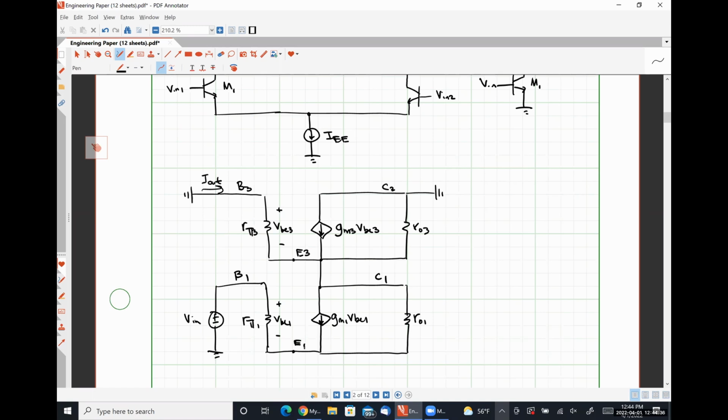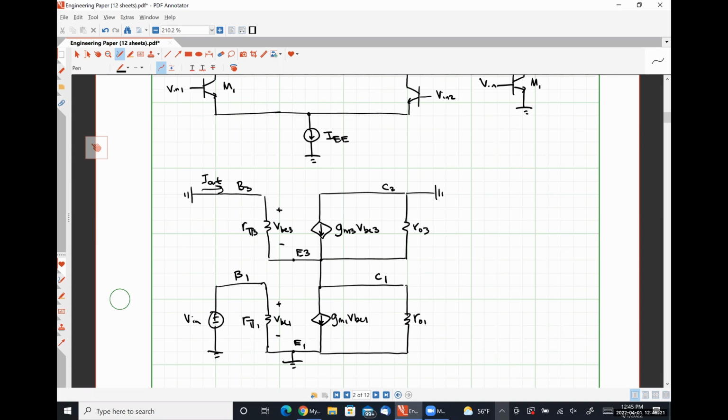Here is the emitter of 1, and the emitter of 1 is at AC ground because we have a symmetrical circuit. All right. So our goal here is to relate our output current I out and our input voltage VN, because the ratio of I out over VN is equal to our short circuit transconductance, capital GN.